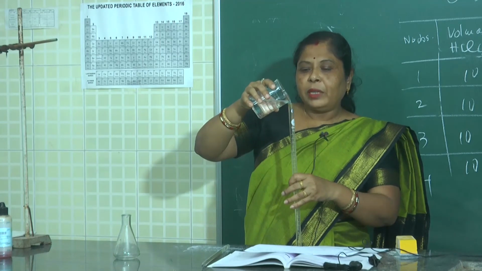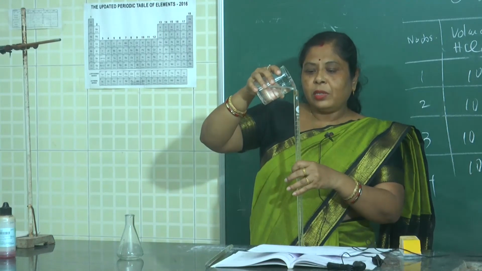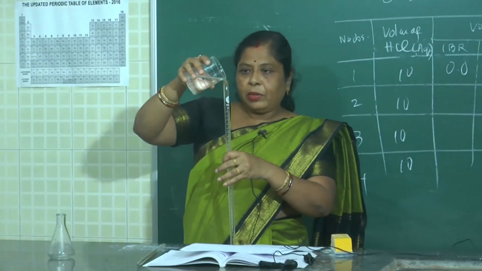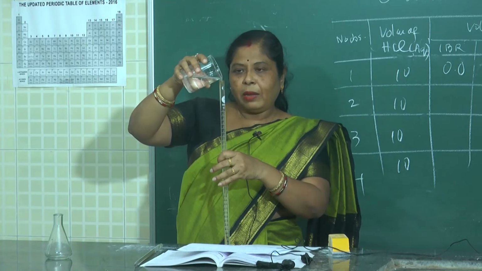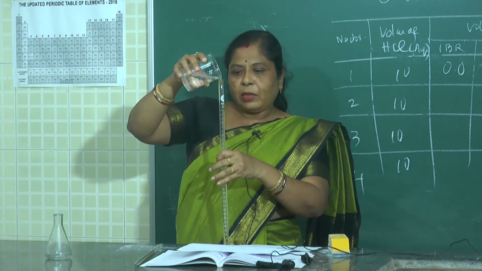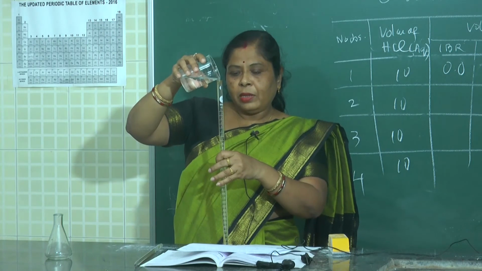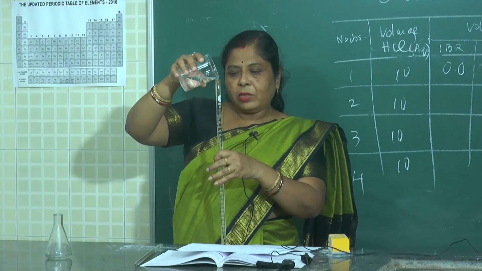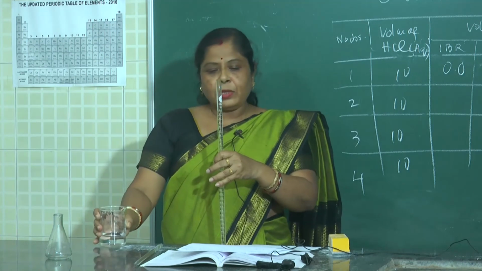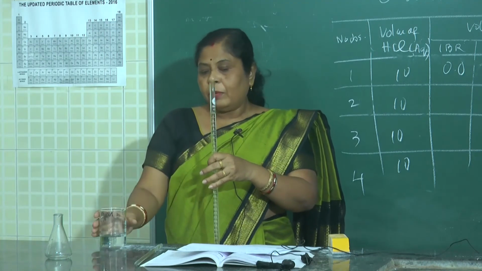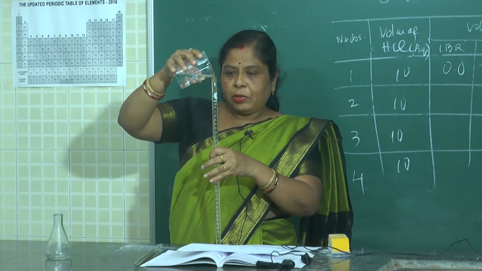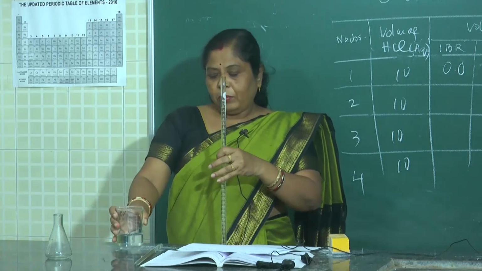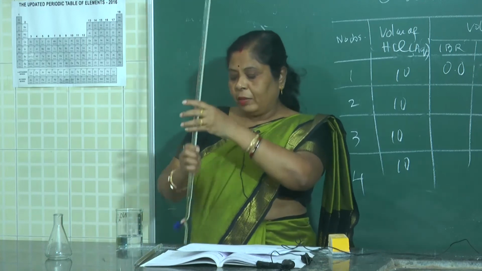So here I am taking Na2CO3 solution in the burette, and the level of the solution should be above the 0 mark of the burette. This is the 0 mark I have taken, but we have to take it more than 0, as we have to fill up the air gap.